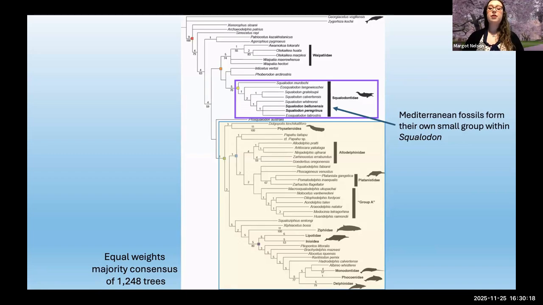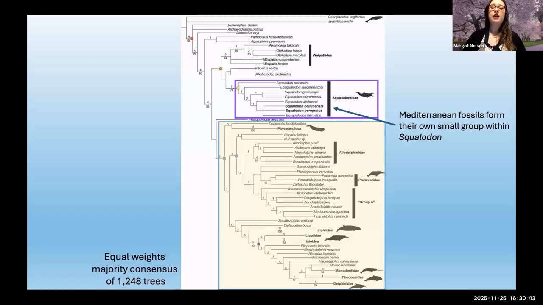And this becomes an issue of how much of your phylogenetic analysis do you want to influence by what you observe. So if you include characters to force relationships, it becomes an issue of circular reasoning. But without adding any characters that we saw as uniting the Squalodon today, we still got a monophyletic group, which is a really good sign.